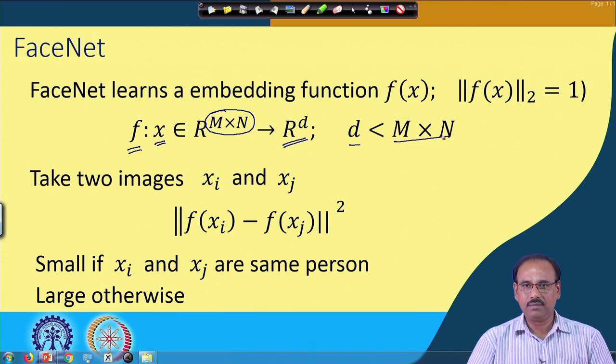That is, given an image, if I can represent that image by a feature vector of dimension d, then basically what we are doing is mapping or transforming that image into a vector in a d-dimensional space. And exactly that is what is being done here.